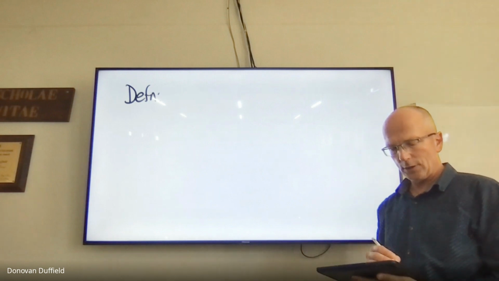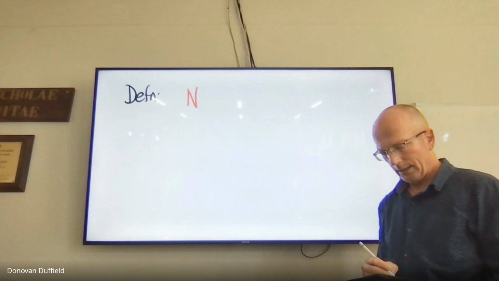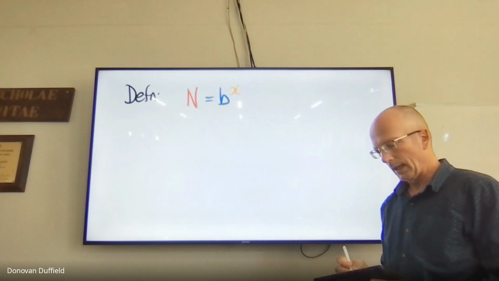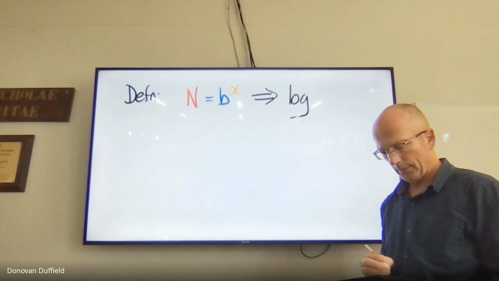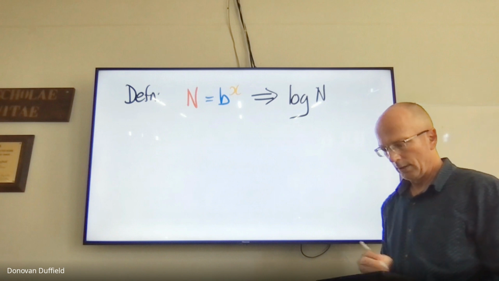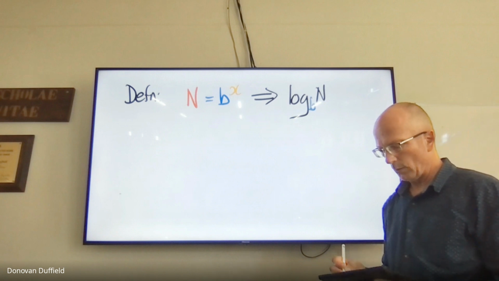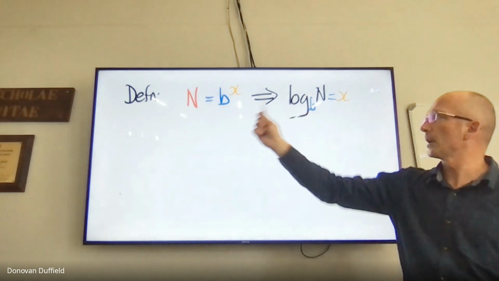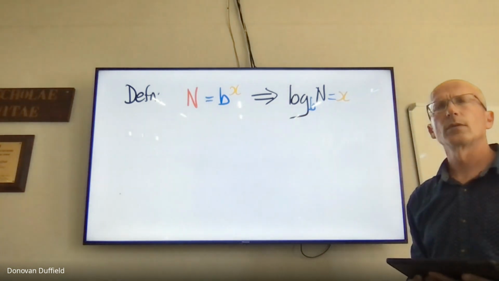So the definition is, if you have n equals b to the power x, that implies that the logarithm of n to the base b is equal to x. So here we go from a logarithmic to an exponential, from an exponential to a logarithmic form. Yes. So what I don't understand is what do you mean by to the base b?